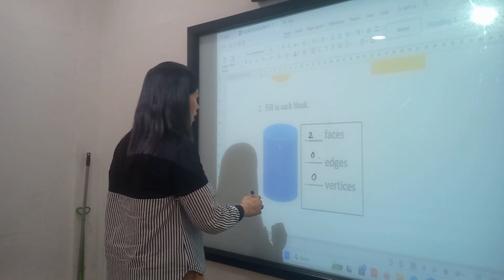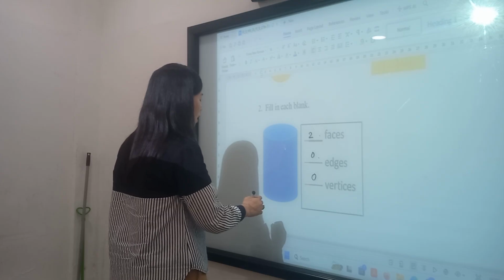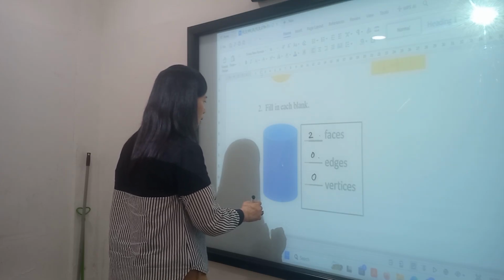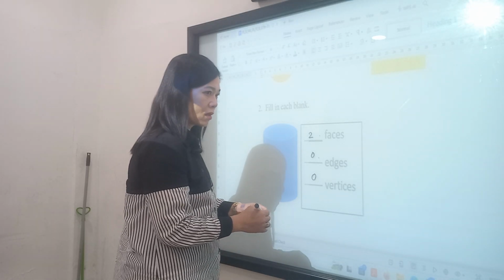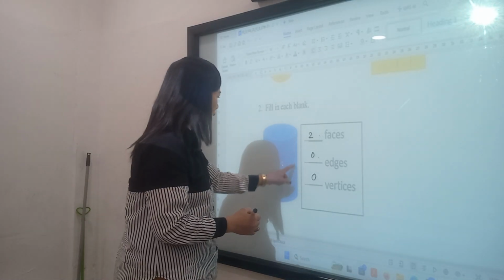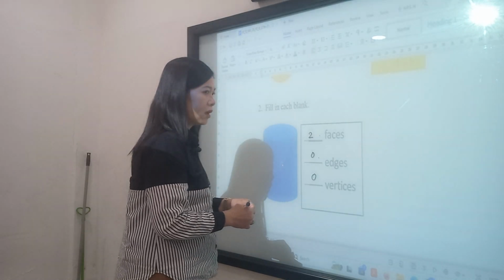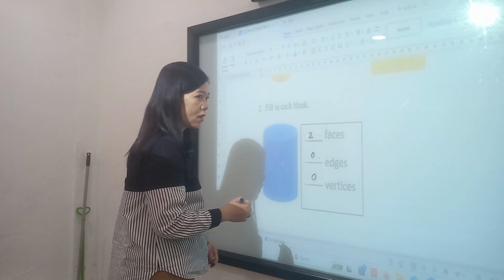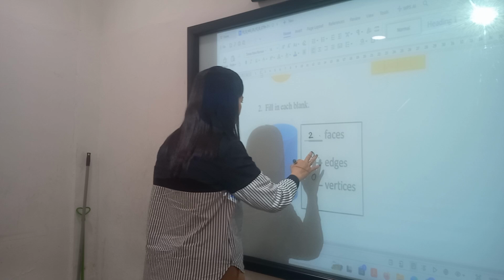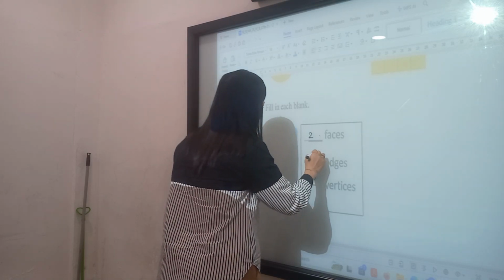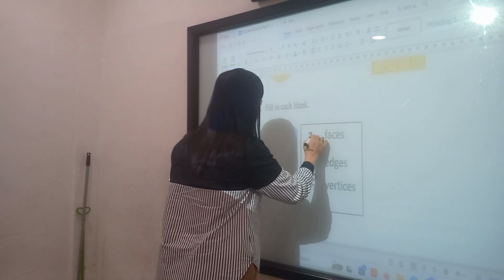Because this side, the vertical shape, if we open it, is a rectangle. So the edges as well are two. Yes, so the faces are three and the edges are two.